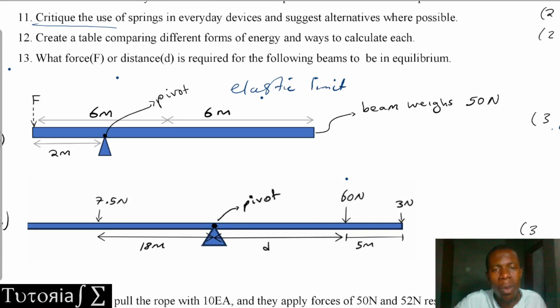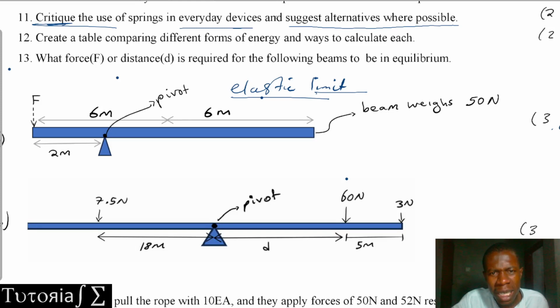This is one of the factors why springs are not good for everyday use, because they have elastic limits. When you surpass the elastic limit, they easily break down. Basically they are good depending on the metal that you are using, but most of the time it has to deal with the elastic limits. So that would be one thing that you would critique here.